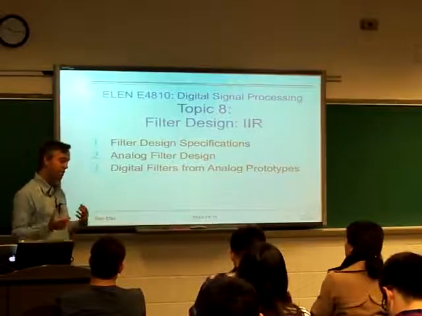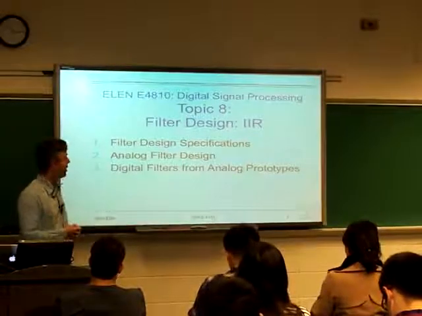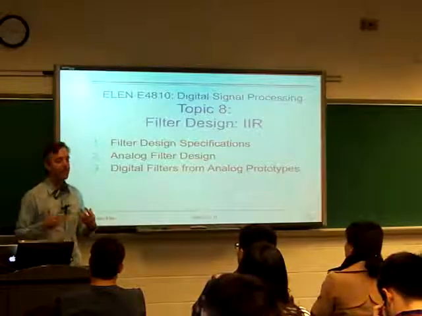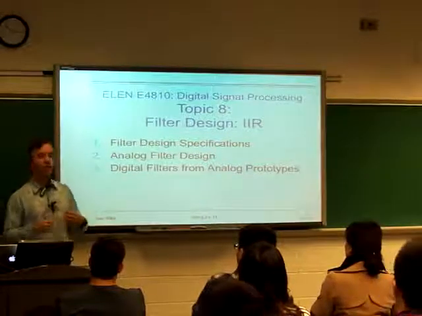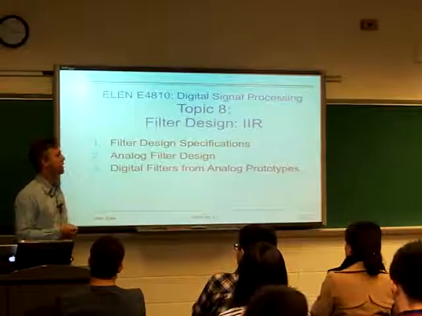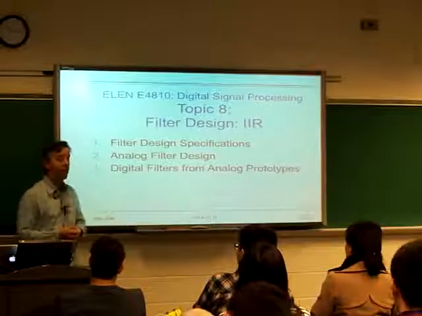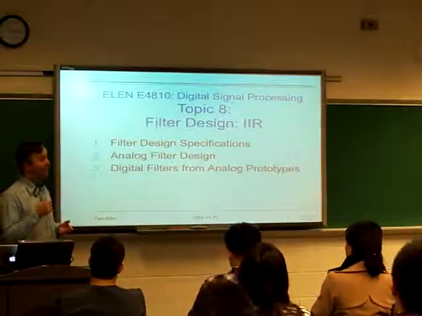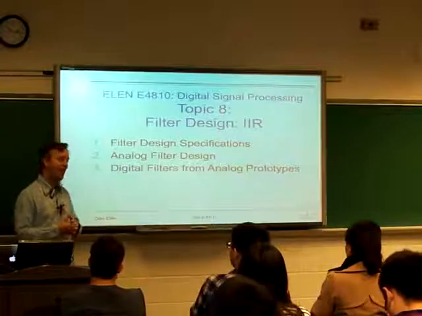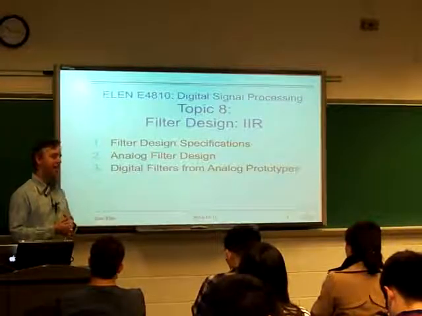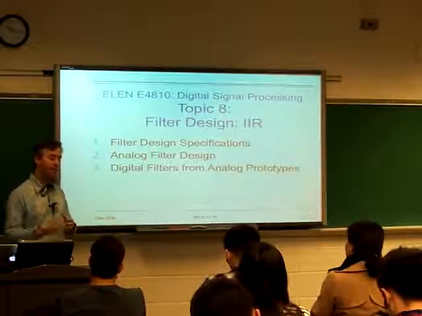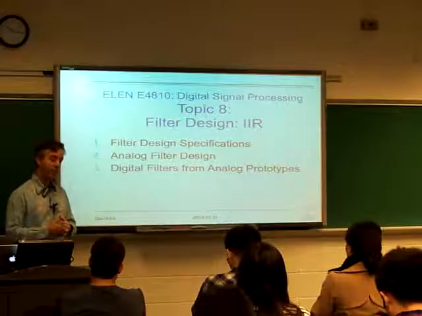There are these two broad classes of filters, FIR and IIR, finite impulse response, infinite impulse response. And they have sufficiently different characteristics that we have entirely different procedures for designing those two filters. So we're going to deal with them separately, and we're going to start off with the IIR filters. The design of discrete time IIR filters is analogous to the design of continuous time IIR filters.